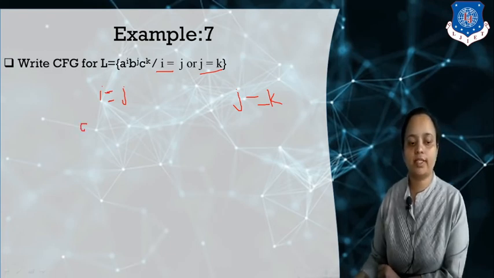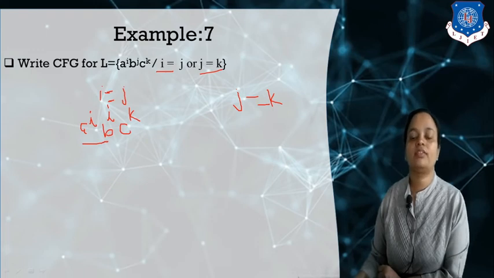So can we write this language again? I equal to j, so in place of j, I can write i. I have underlined the symbol which contains an equal power. Why do I have to do this?